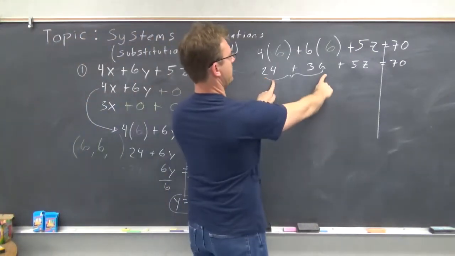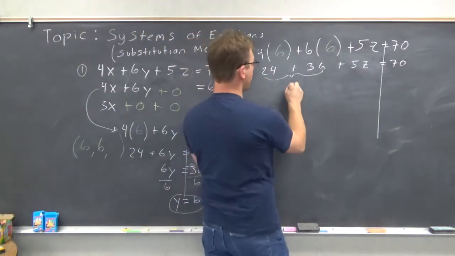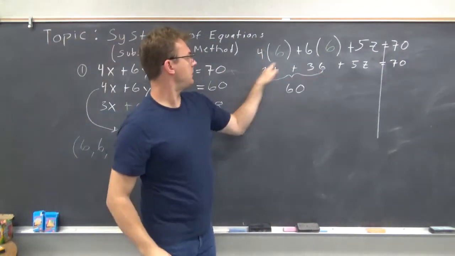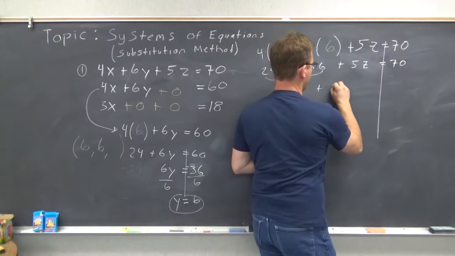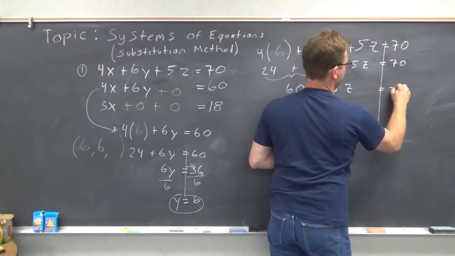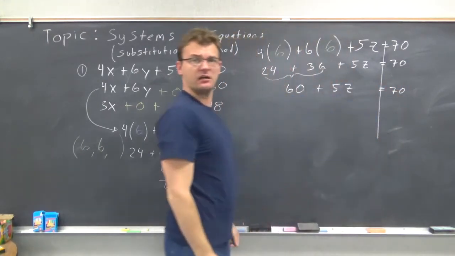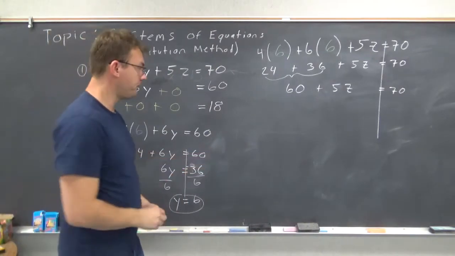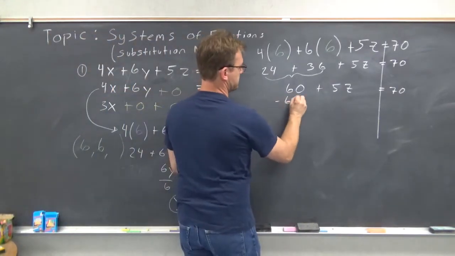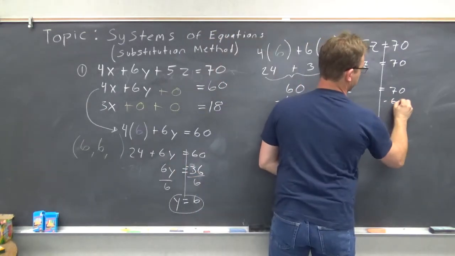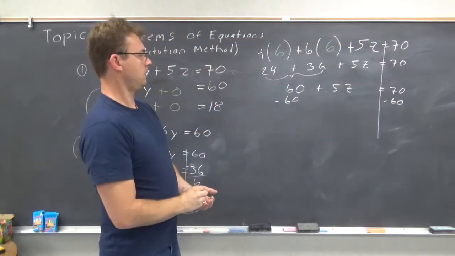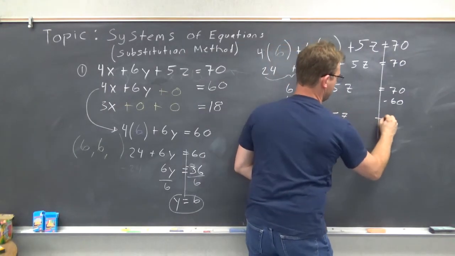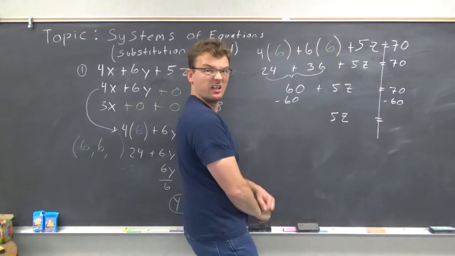That's 60. 60 plus 5z equals 70. Just rewriting what I have. What do I do now? Subtract 60. Subtract 60. So then I have 5z equals 10.